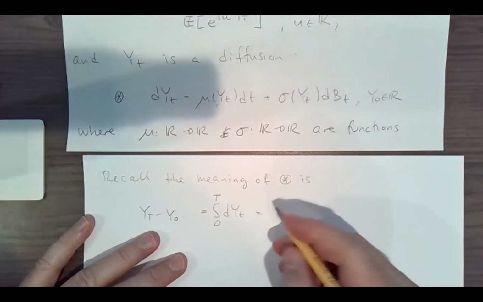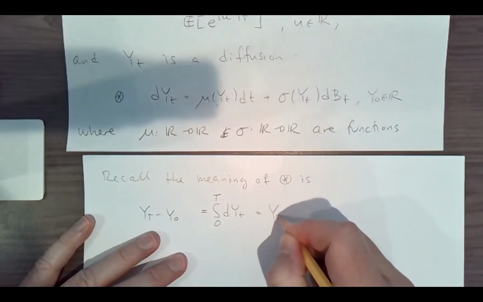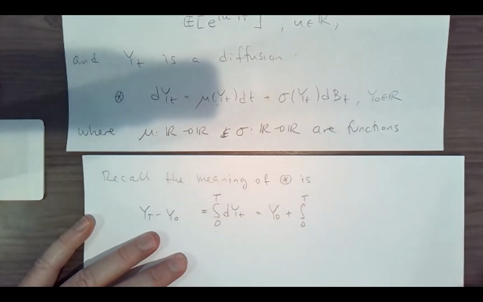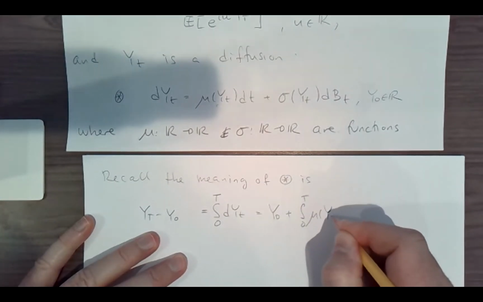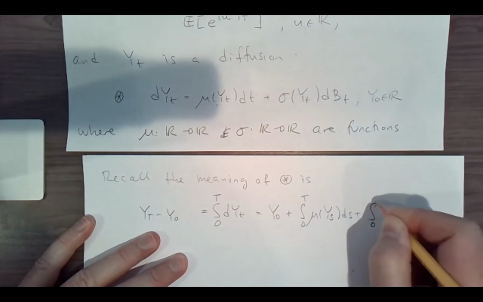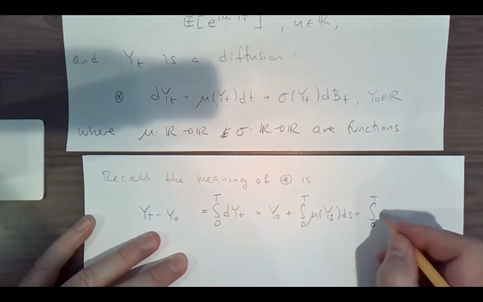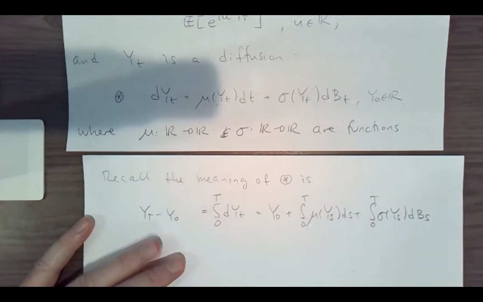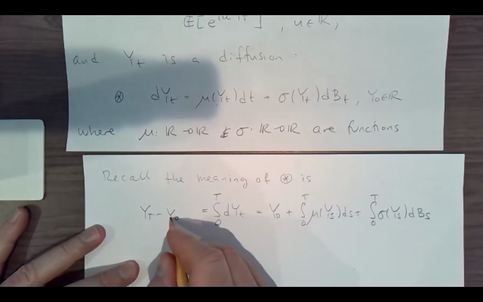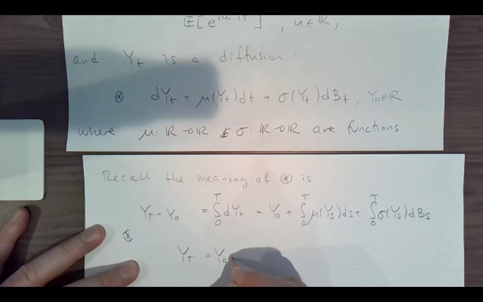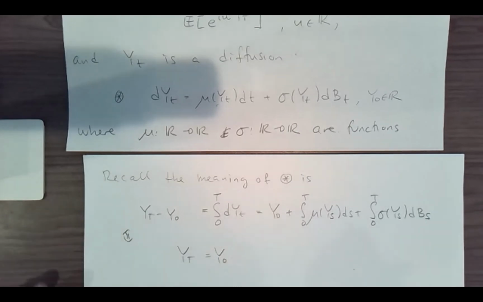the initial point and then an integral of mu and sigma with respect to the Brownian motion. Then you can move stuff around. You move the Y_T and the Y_0 to the other side, and you get Y_T is Y_0. Wait, that's wrong.